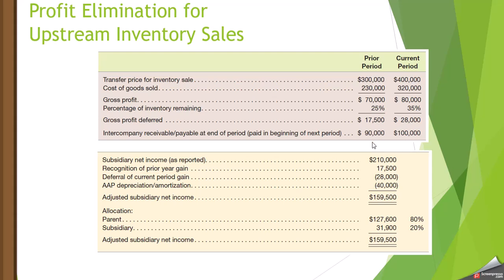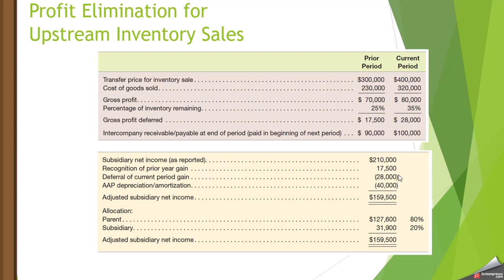So when we come down here, it's trying to help us reconcile out the subsidiary's net income. We start with the subsidiary's net income. We now get to recognize the profit that was deferred last year that's in our beginning inventory, the $17,500. We adjust it for the profit that's left in our ending inventory, so we have to subtract that.